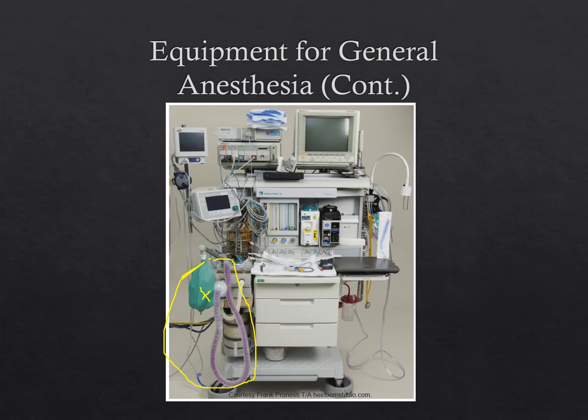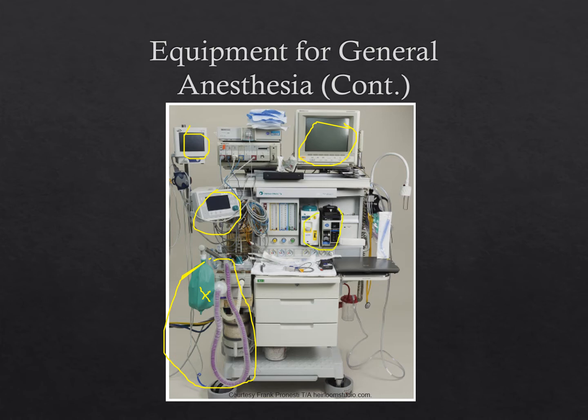And then up top, monitors here, here's that BIS monitor we talked about in the last chapter, another monitor. All of these will give the patient monitoring, so blood pressure, carbon dioxide, O2 sats, all of those things will be monitored continuously, and the anesthesiologist can look up here to see what is going on with the patient.